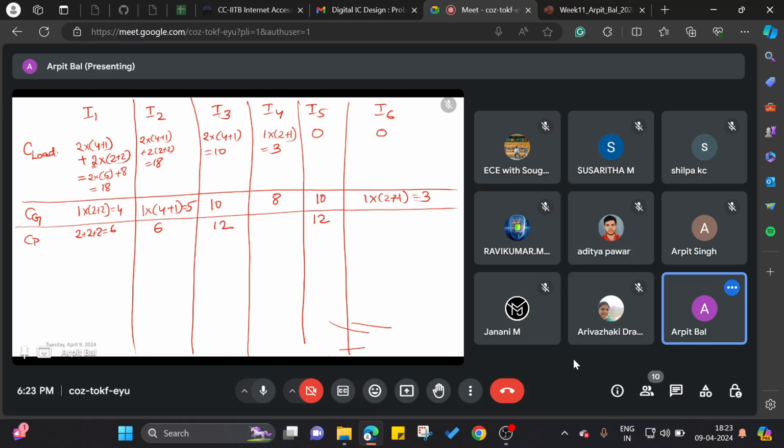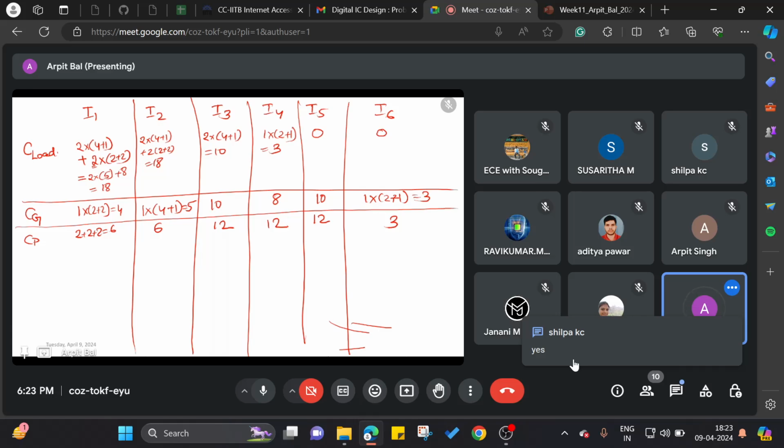Correct. And what about I6? 3C. Yeah. Okay, so till this part, is everyone clear, or is there any doubt?